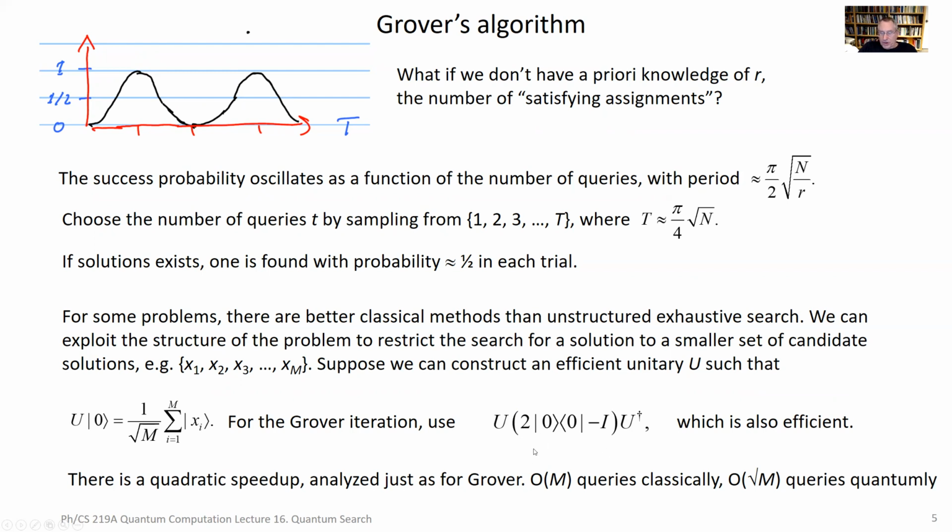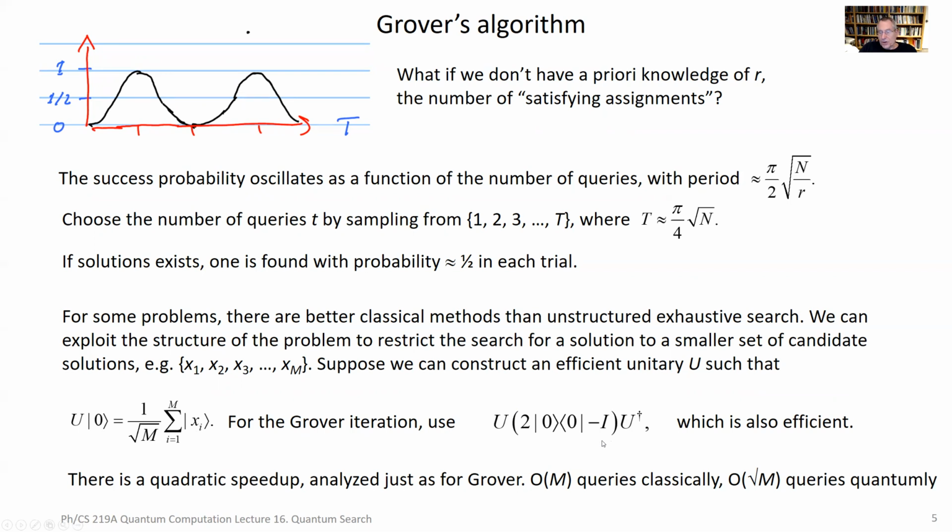This is sort of what I was trying to say before. In the case of the Grover iteration, where all capital N strings are considered a priori equally likely, the unitary that appeared here was the unitary that mapped 0 to the uniform superposition of all capital N basis states.